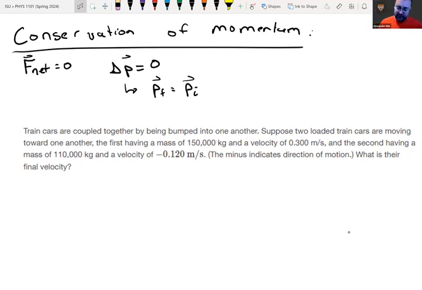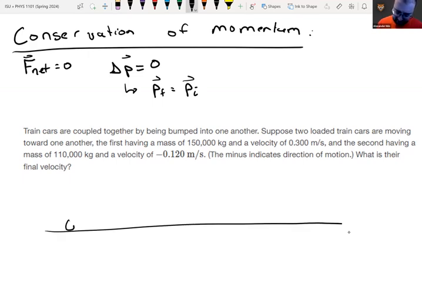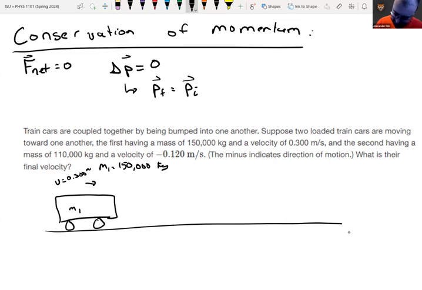So this problem, they're kind of nice about it, in that if we draw the picture, we can set this up correctly. We have M1, and M1 equals 150,000 kg, going at a velocity of 0.300 meters per second.